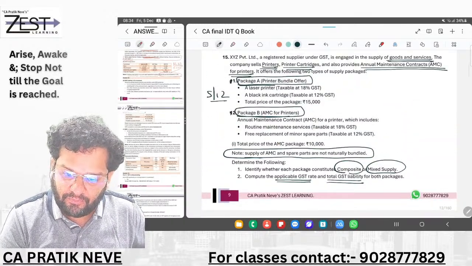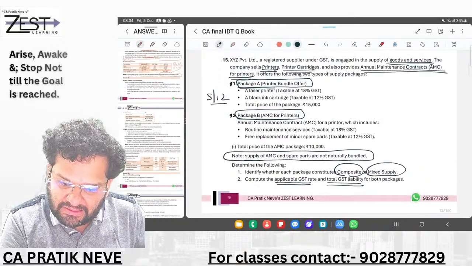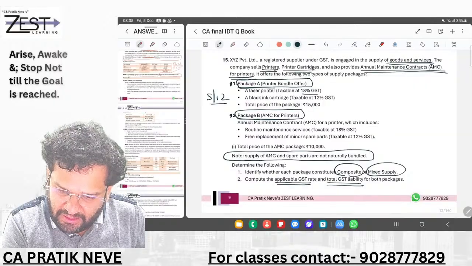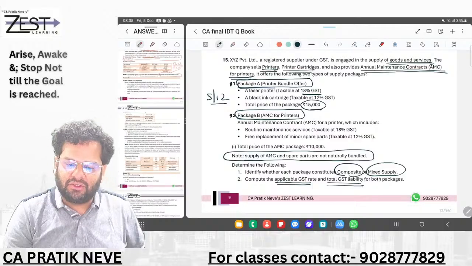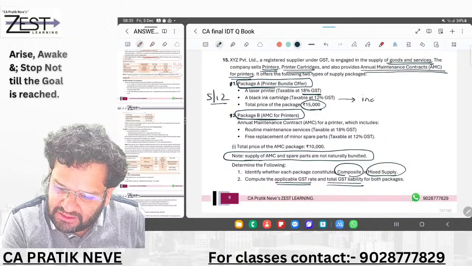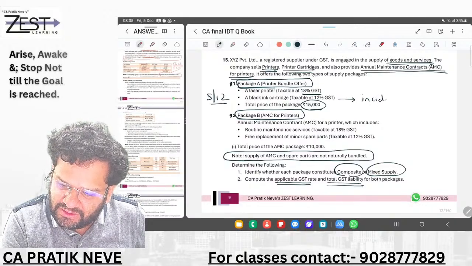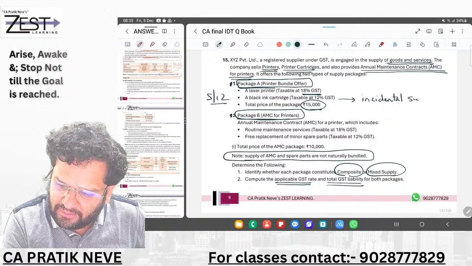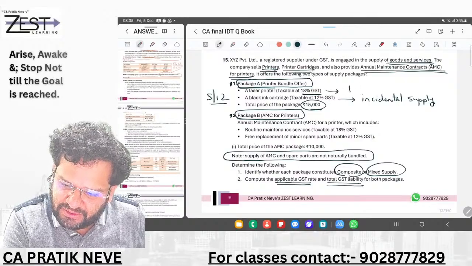Okay. Now, laser printer at 18% and black ink cartridge, total price of the package is 15,000. So you can say black ink cartridge is an incidental supply, and laser printer is the principal supply.